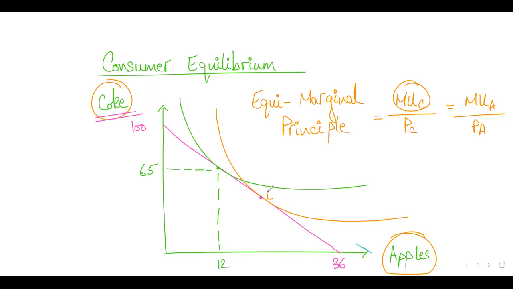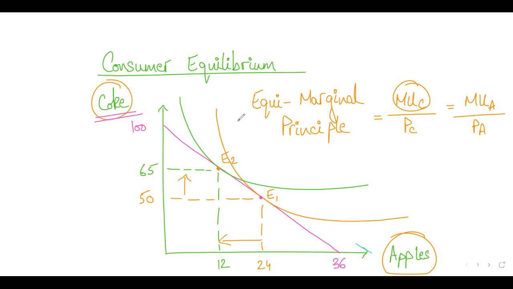This was your E1 where you were consuming much more units of apples and low units of Coke, but now that has changed to E2 where you have started consuming more quantities of Coke and less quantities of apples, right? Are you getting me? Is this simple?